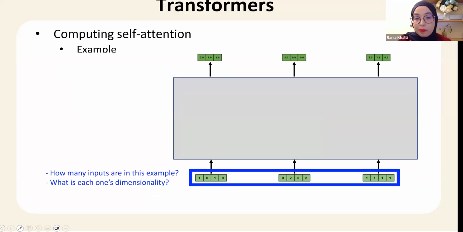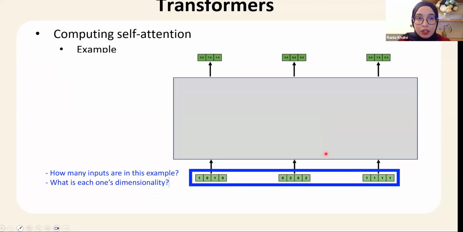So in this example, we have 3 input tokens. Let me ask about the dimension of each input token. Pause the video and try to think about the dimension of each token here. 1, 2, 3, 4.